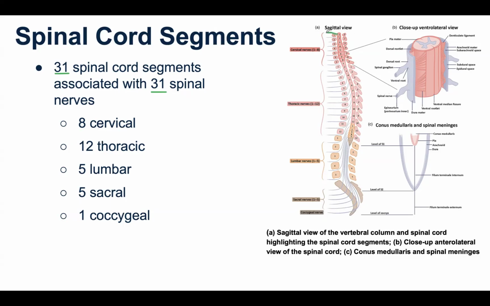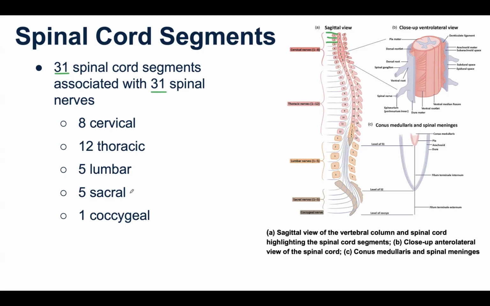You can see that here, and then they'll go from there. There are 12 thoracic segments, which matches the 12 thoracic vertebrae, 5 lumbar segments matching the 5 lumbar vertebrae, 5 sacral segments, matching the 5 sacral vertebrae, and only 1 coccygeal segment, so only 1 coccygeal nerve.